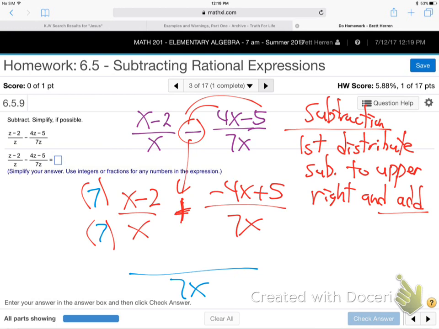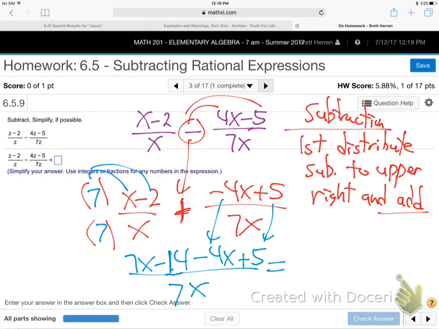So now what? Common denominator is just 7x. Don't need to mess with that anymore. Finish the top though, right? Which means multiply, gather like terms, clean up the top. So it's going to go boom, boom. 7x minus 14, minus 4x plus 5.